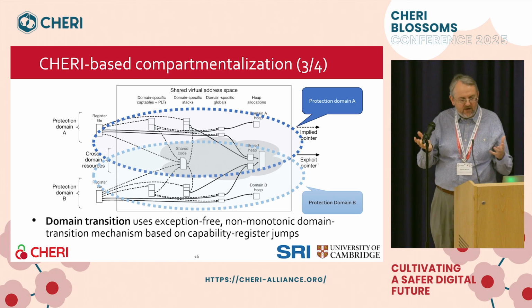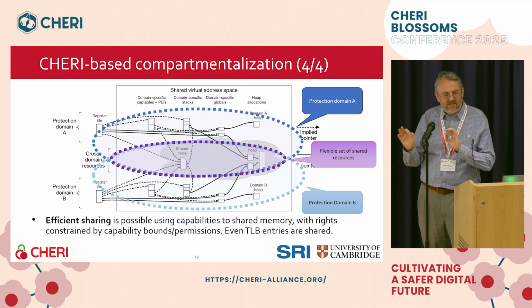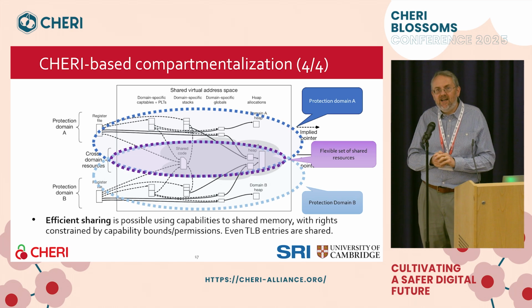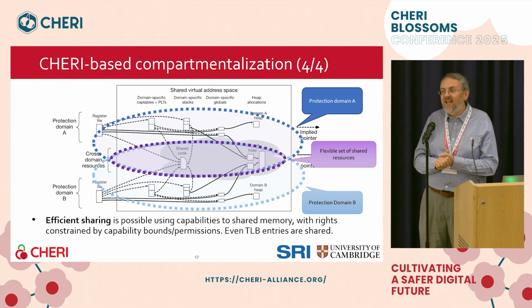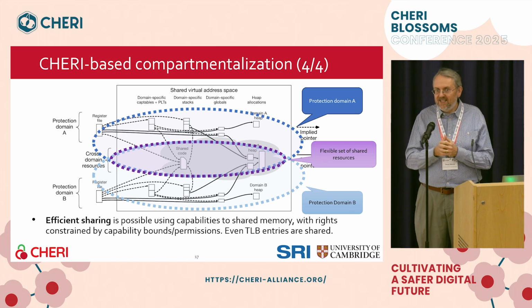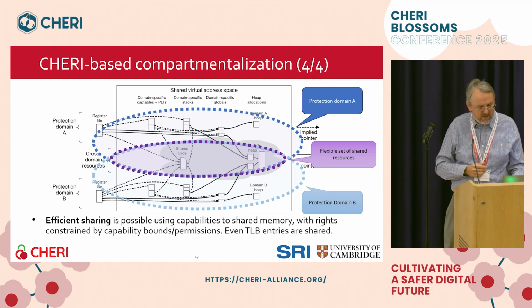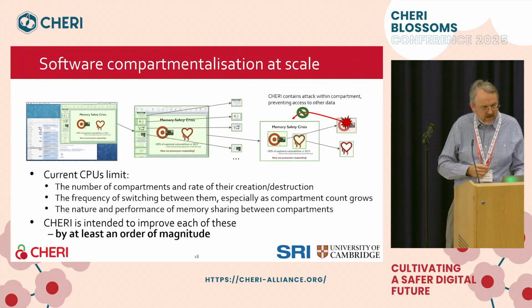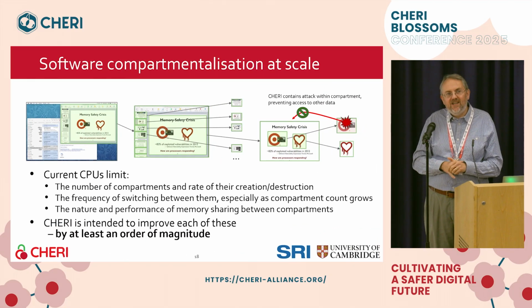So we could have two different protection domains, and we can also have some flexible sharing. With the flexible shared area, you might not allow capabilities to leak, only share data. And you can do that with appropriate permissions. You can then use compartmentalization extensively.